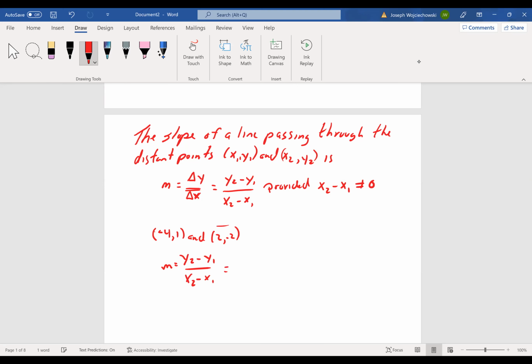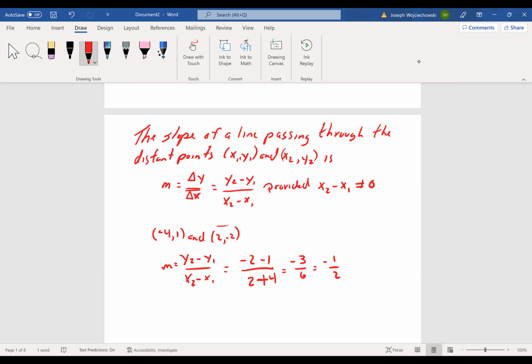So y2 is -2 minus y1, which is 1, over x2, which is 2, minus -4. So we have -3 over 6, which is -1/2.